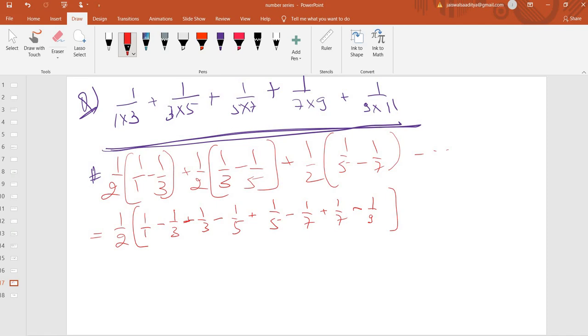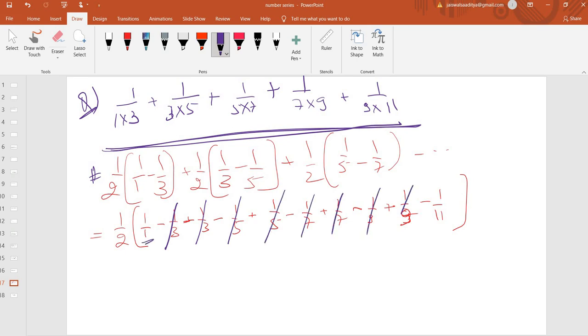Okay, the last term was also there: plus 1 by 9 minus 1 by 11. This is going to be minus plus minus plus, so the middle terms cancel. The two terms left will come 1 by 2 times (1 by 1 minus 1 by 11).